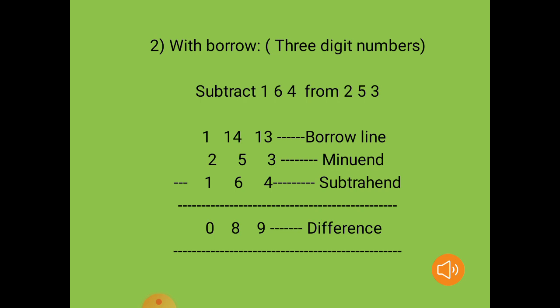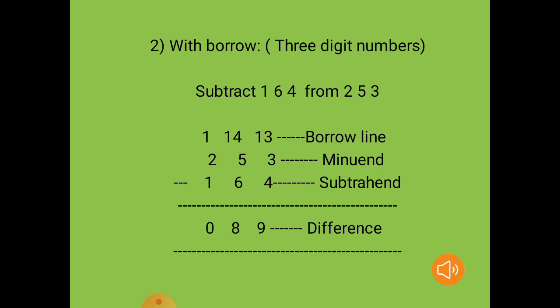The number in the tens place is 5. So 5 tenths minus 1 tenth gives us 4, which remains above, and we write it on the top. When I borrow 1 tenth, 3 becomes 13. So 13 minus 4 gives 9.